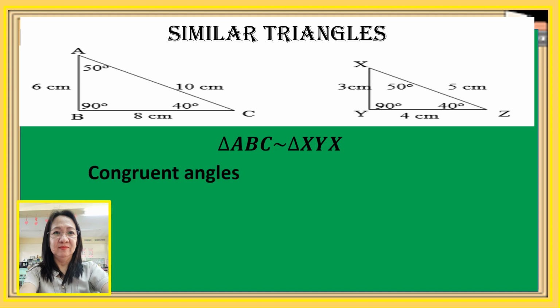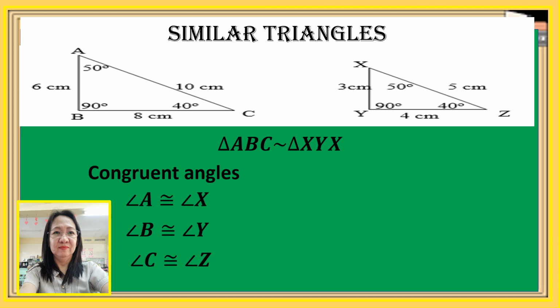Looking for their corresponding congruent angles, angle A is congruent to angle X because their measures are both 50 degrees. Angle B is congruent to angle Y. They are both right angles. And angle C is congruent to angle Z because the measure is both 40 degrees.